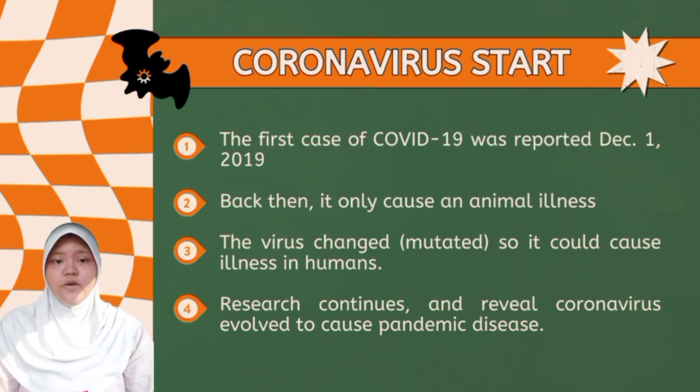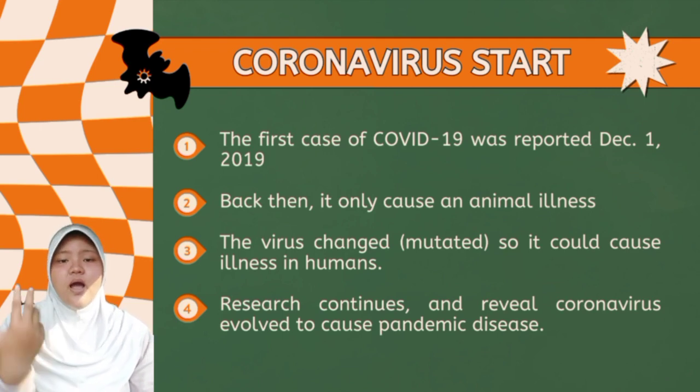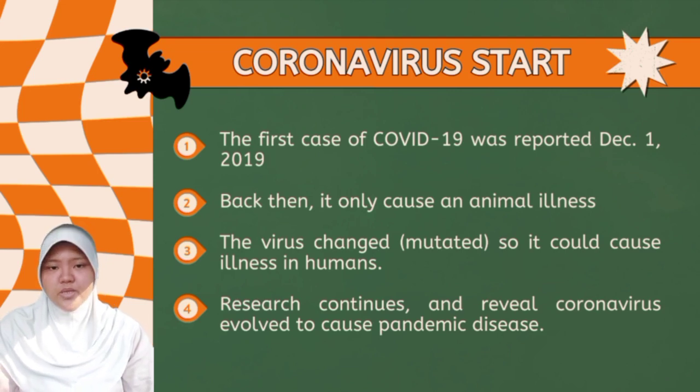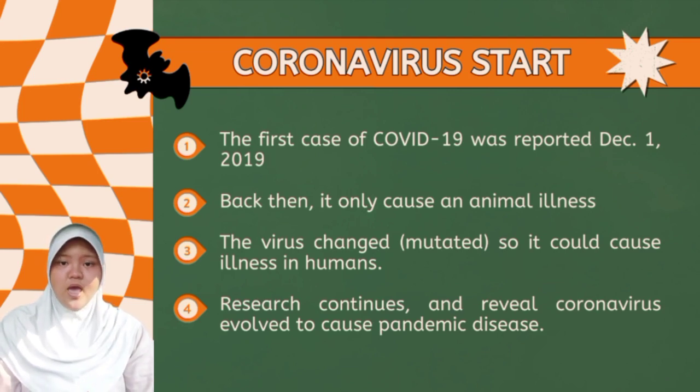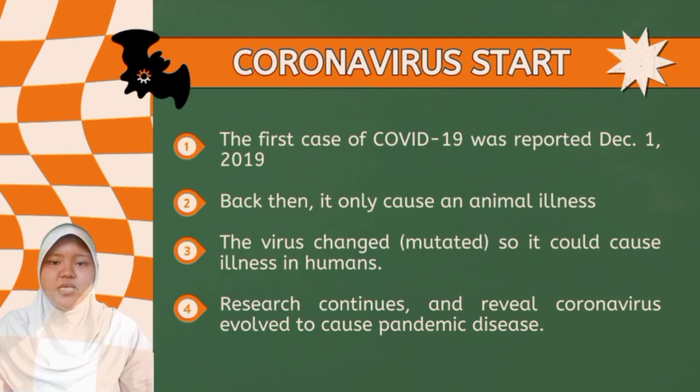In the past, several infectious disease outbreaks have been tracked to viruses originating in birds, pigs, bats, and other animals that mutate to become dangerous to humans. Research continues, and more study may reveal how and why the coronavirus evolved to cause pandemic disease.